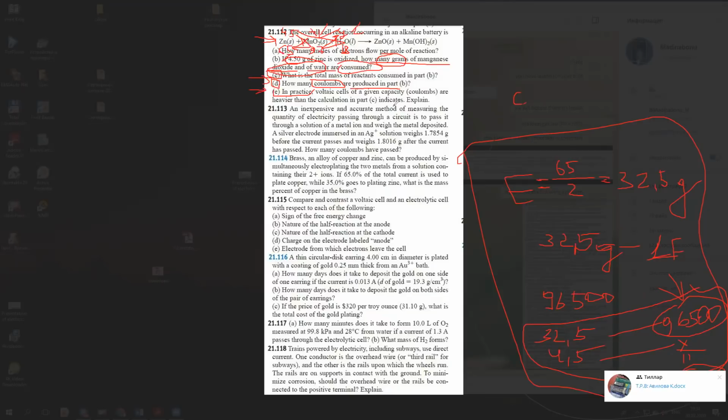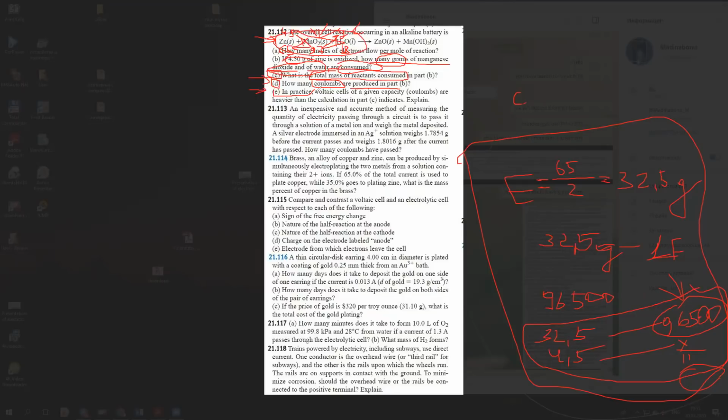In practice, voltage cells of a given capacity are heavier than the calculation in C. In part C, we found 12.4, the overall mass of all of the reactants.